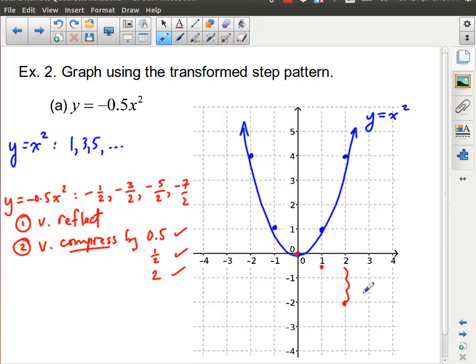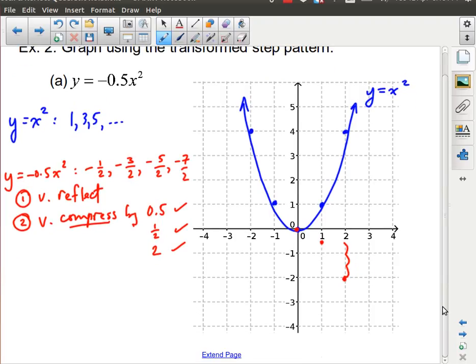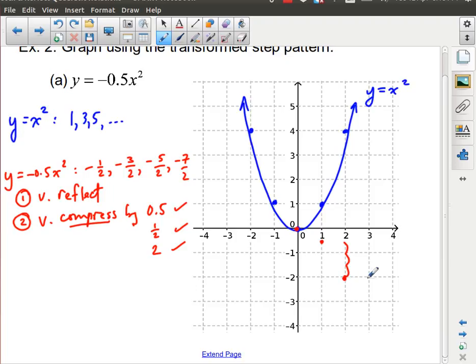And let's see, can we fit 5/2 on this graph? Doesn't look like it. Over 1, down 1/2, 2/2, 3/2, 4/2, 5/2. So the point would be around there. Now I'm just going to take away these scribbles. They certainly don't add anything to the overall look.